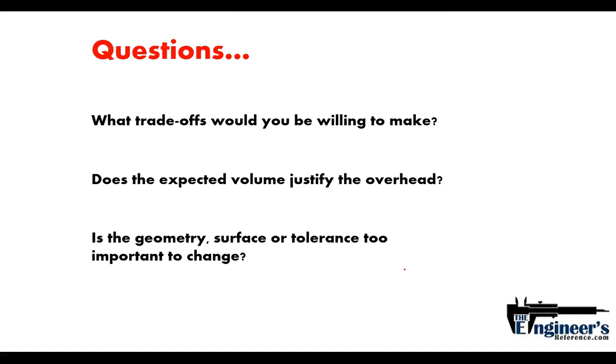Again, it may be something so crucial that you can't change it. It may be something that you don't want to change, or that the customer just demands. But again, another question to ask yourself, much like with this class, concurrent engineering in general is more about finding out what the stakeholder wants, what you can trade away, and what you are required to keep.